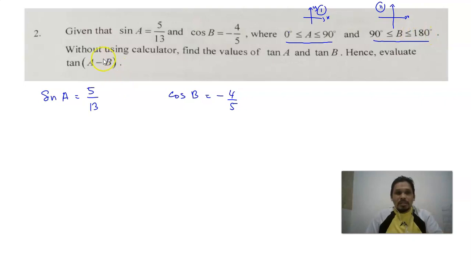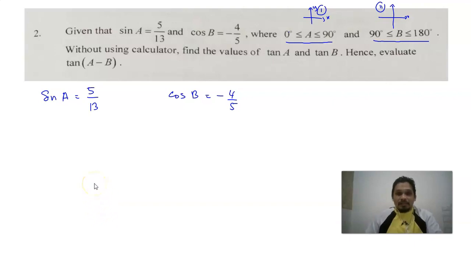Without using a calculator, meaning the question wants us to show the solution one by one. So class, in examination, if you show the answers without proper solution, proper steps, even though the final answer is correct, we consider that as incorrect.